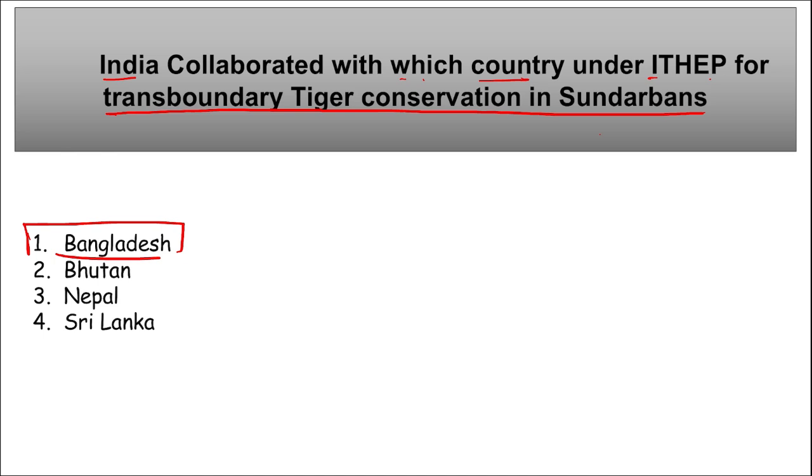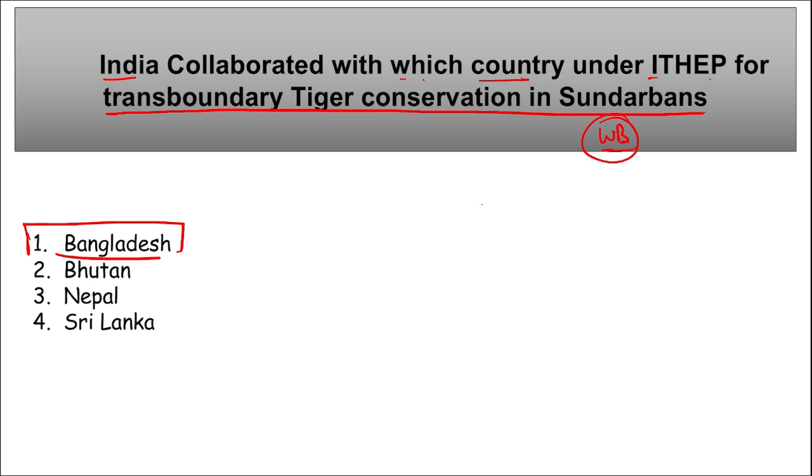Where is Sundarban? Sundarbans are in West Bengal. And remember, Sundarbans, this is the world's largest mangrove forest that is spread in India as well as Bangladesh, correct? And it is formed by the delta, by the confluence of Ganga, Brahmaputra, Meghna rivers in the Bay of Bengal, correct?